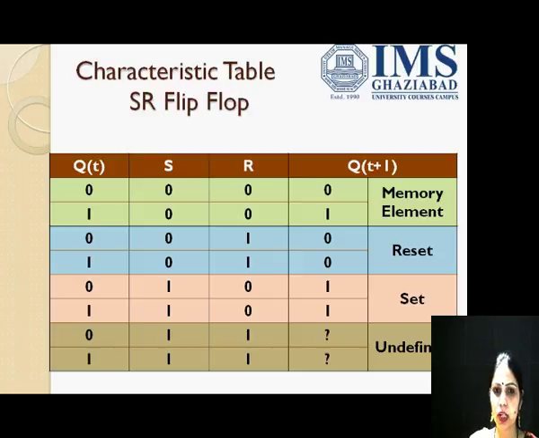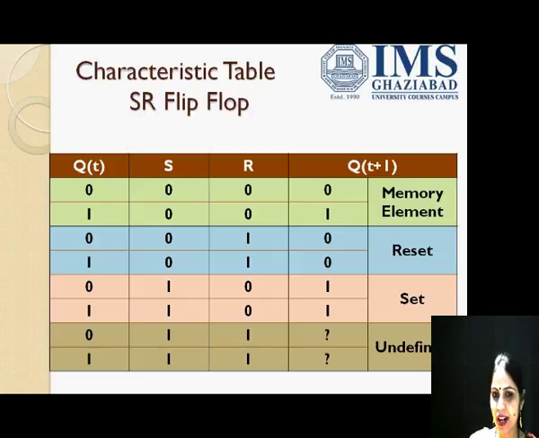Now we come to row number 3 and row number 4. We have S as 0 and R as 1 in both the cases, and the Qt plus 1 would be 0 for both the cases, that is reset state. When we have S as 1 and R as 0, the output for the current state would be 1, that is a set state.